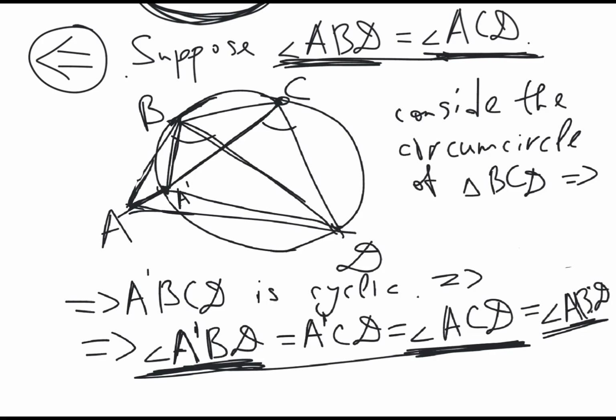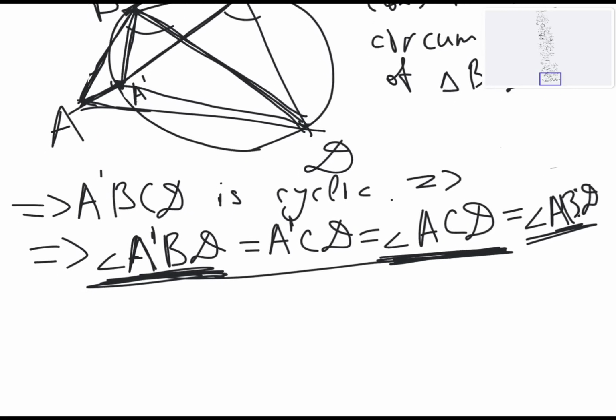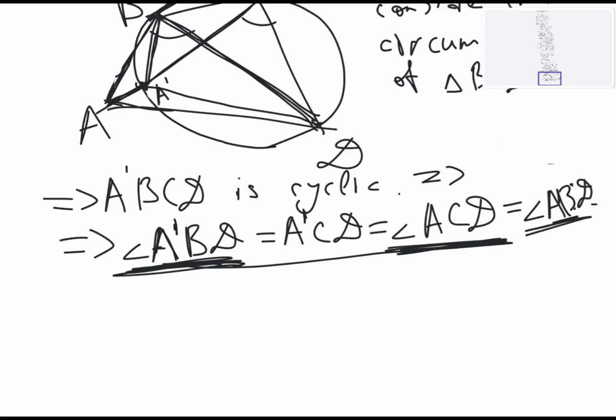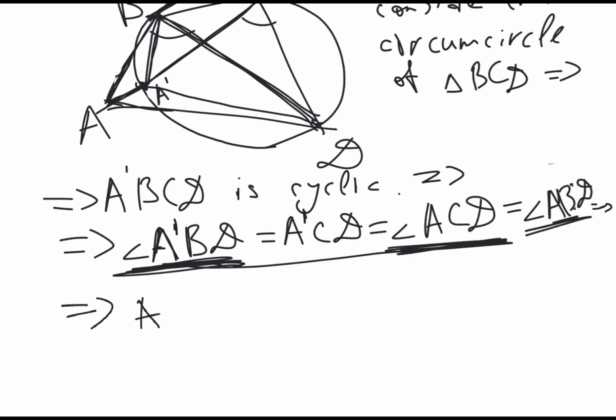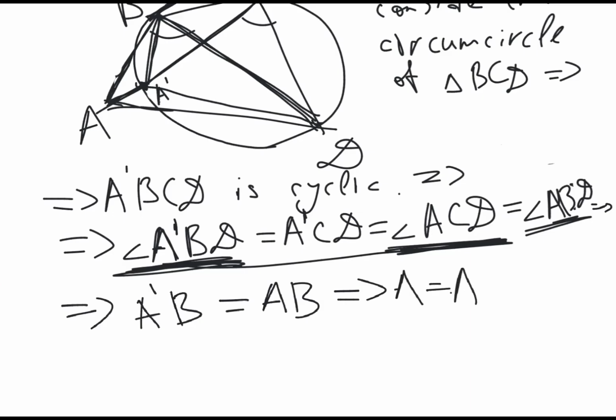From this we immediately conclude that the line A prime B is the same line as AB, and from this we conclude that A is equal to A prime, because A and A prime are the points of intersection of these two lines with the diagonal AC.